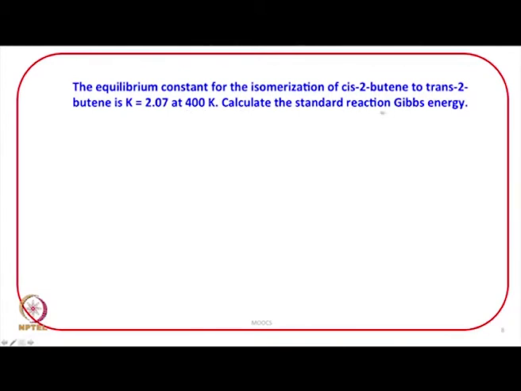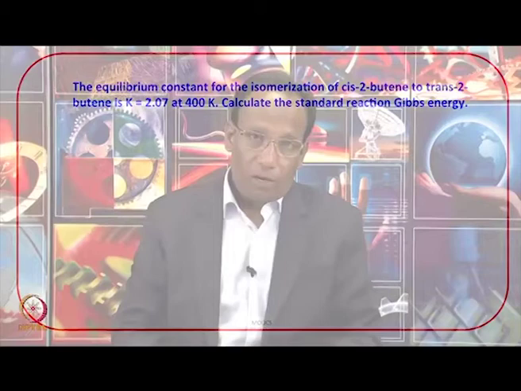Calculate the standard reaction Gibbs energy. We are given the value of K, which is just 2.07. And we have been asked to calculate the value of the standard reaction Gibbs energy.